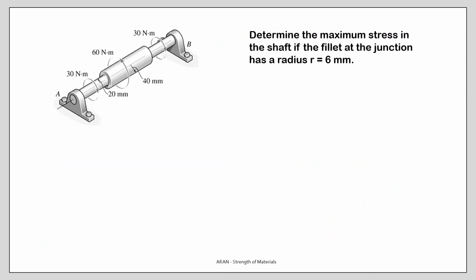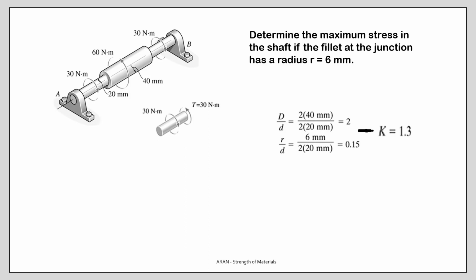A problem: a shaft is given, and the torques acting on the shafts and the radius values are also given, and in the fillet the junction radius is 6 millimeter.